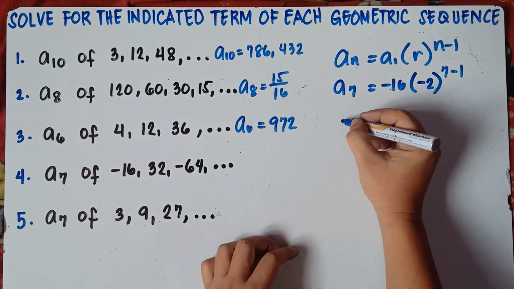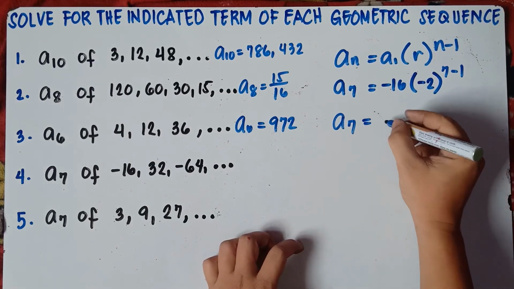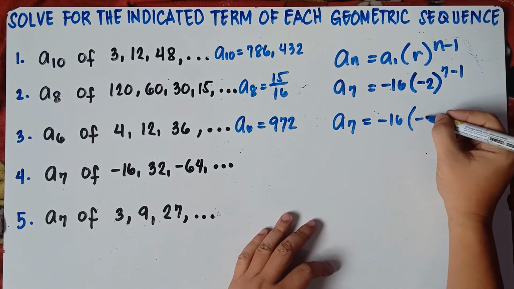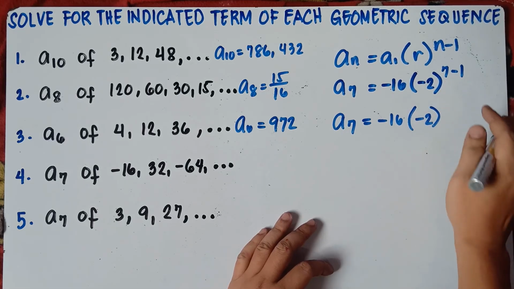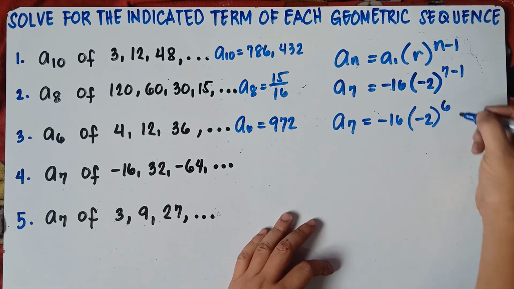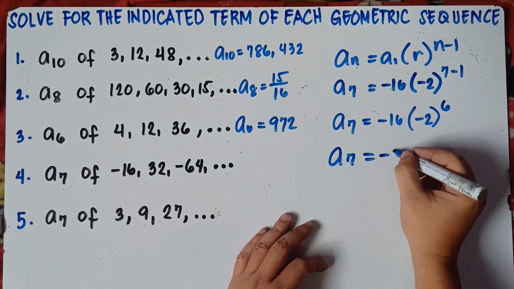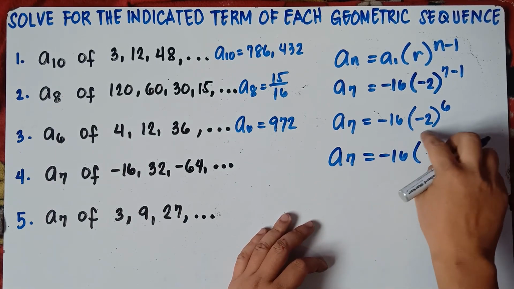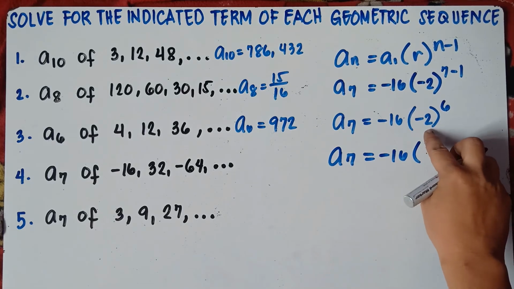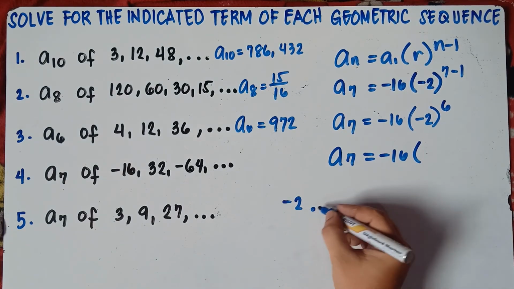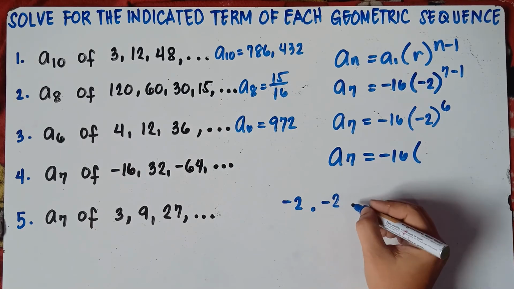So this will be a sub 7 equals negative 16 multiplied by negative 2 raised to the power of 7 minus 1. That would be 6. So a sub 7 equals negative 16 times negative 2 raised to the power of 6. You simplify this one, class. Negative 2 multiplied by itself 6 times.